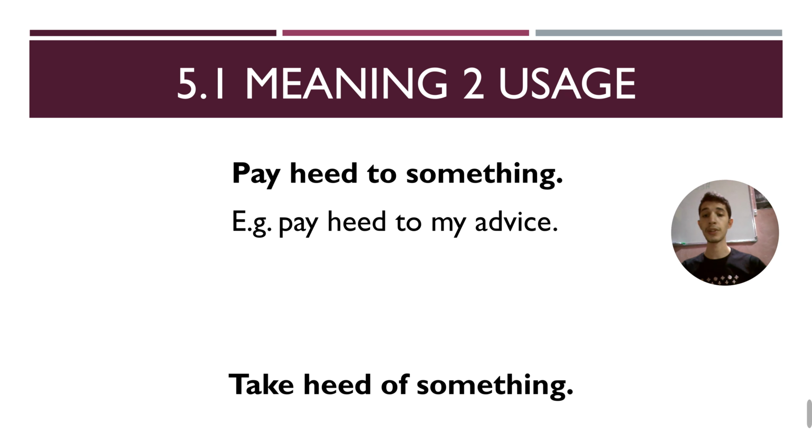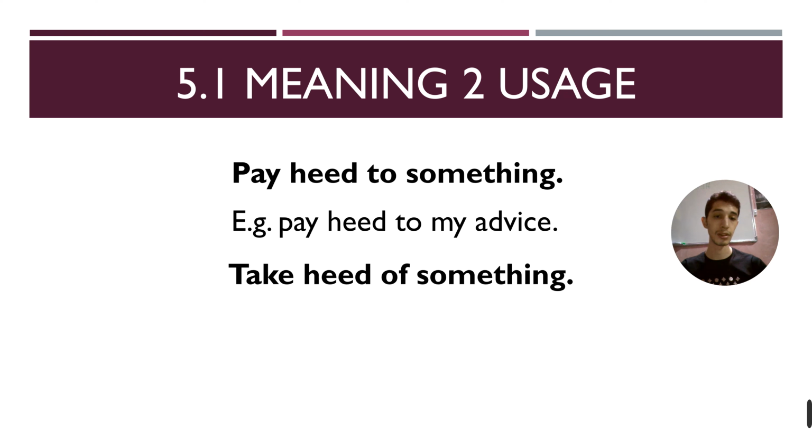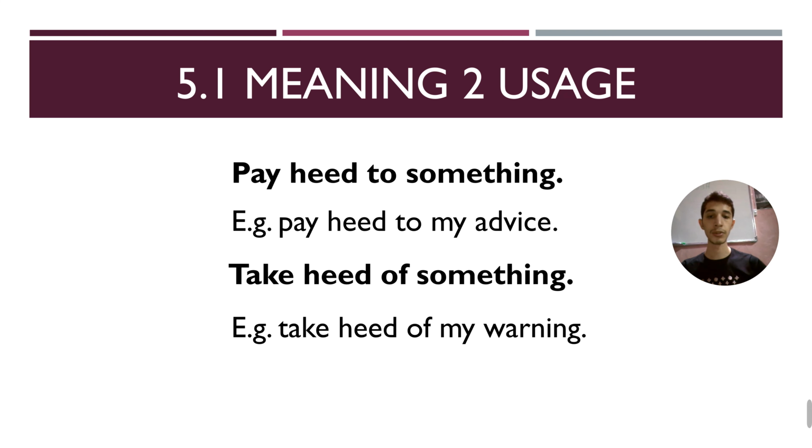Another way to use it is to say, take heed of my advice. For example, take heed of my warning. And I used also the collocation warning. So now the whole sentence here, take heed of my warning, is not my sentence. It's something that I learned with the word. And pay attention also to the idea that we don't say pay heed of something, we say pay heed to.